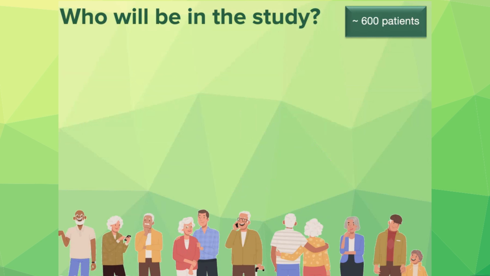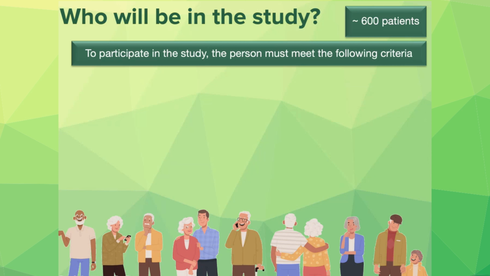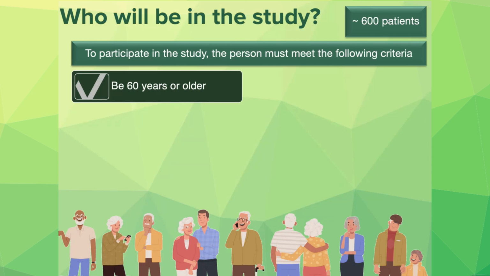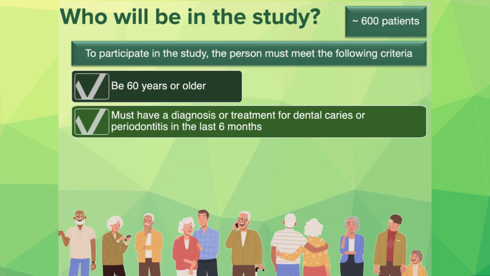Who will be in the study? Well, we want to have about 600 patients, and for that, we need your help because those patients will be coming from your clinics. To participate in this study, the person needs to be 60 years or older and must have had a diagnosis or treatment for dental caries or periodontitis in the last 6 months.